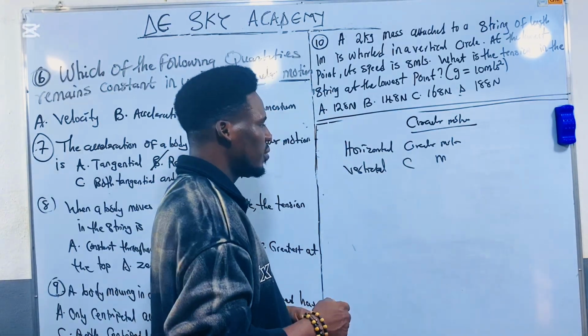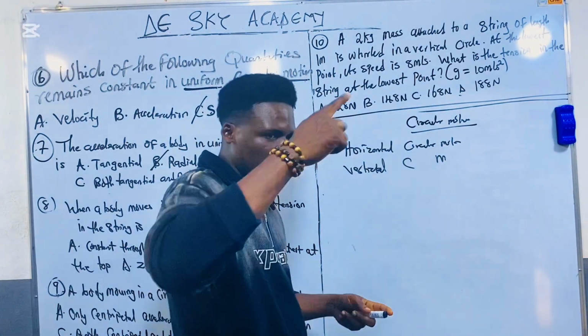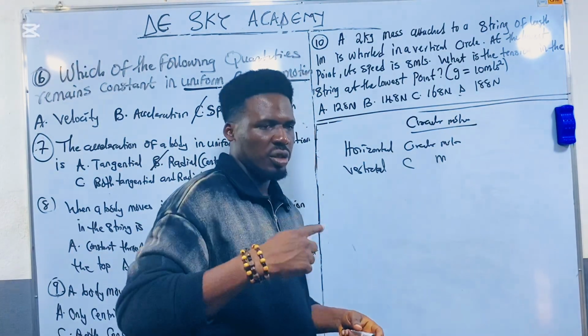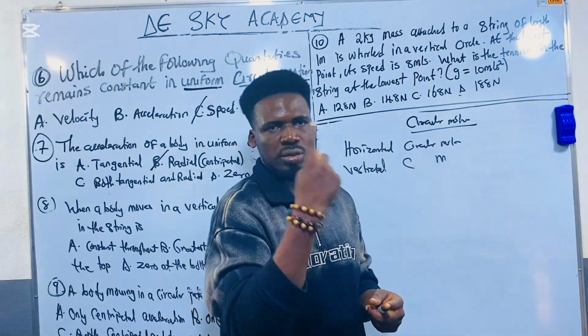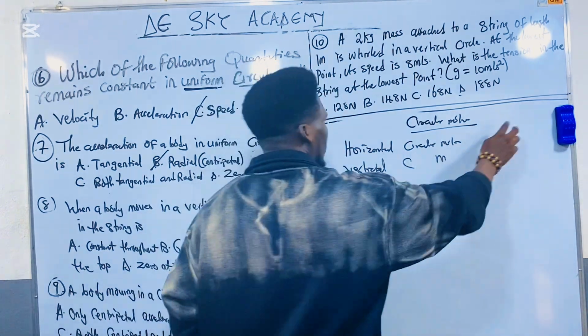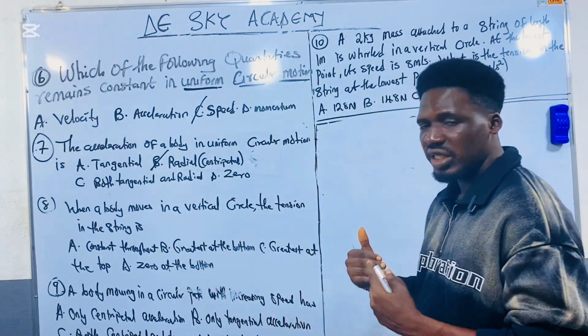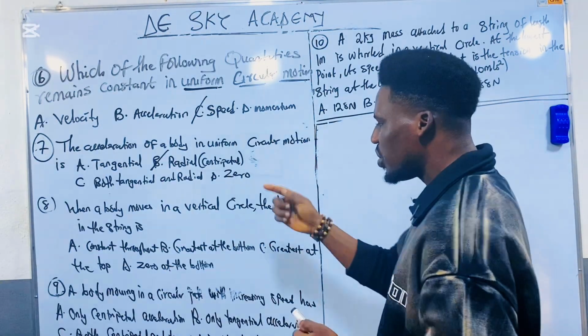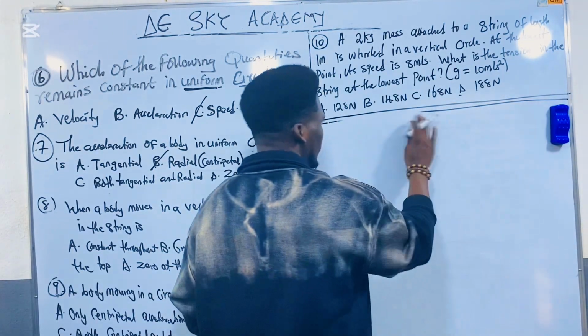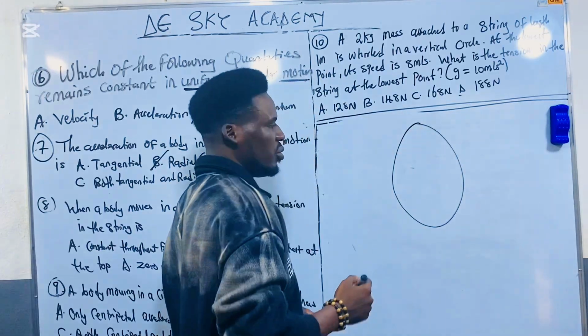Horizontal is moving in X direction. Vertical is moving in Y direction. So this is horizontal now. You get it? Why this one is vertical? So this question now that you're seeing on the board is actually coming from vertical motion. So if it's coming from vertical, that means I'll have this. The body is undergoing vertical circular motion.